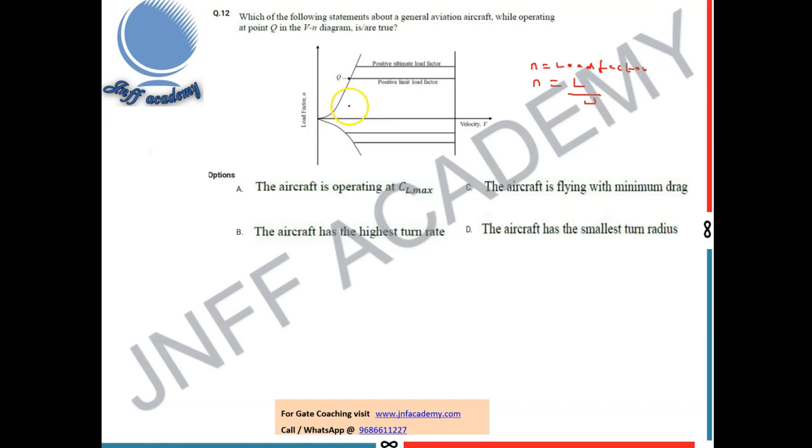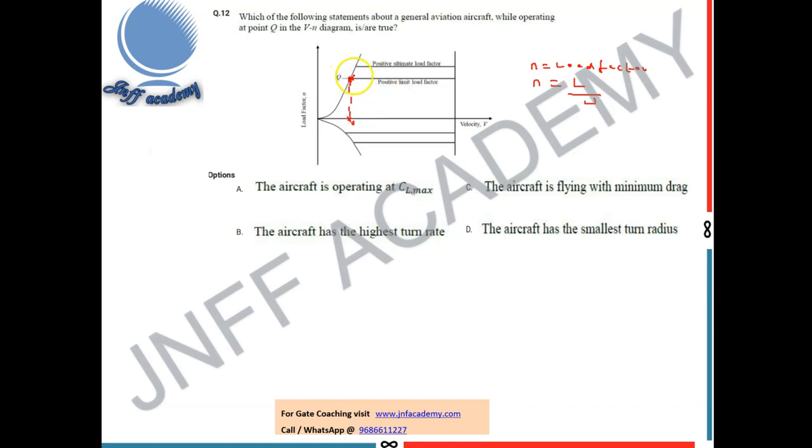What they are telling is that it is operating at point Q in the V-n diagram. So the aircraft is operating at this point Q, which means it is operating at a very minimal velocity. You see here, the point corresponding to Q is at very minimal velocity. So if the aircraft needs to be airborne at a minimum speed, then the aircraft has to fly at the CL max condition.